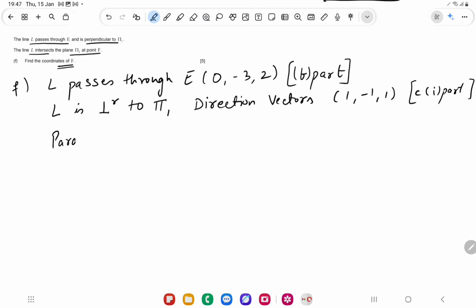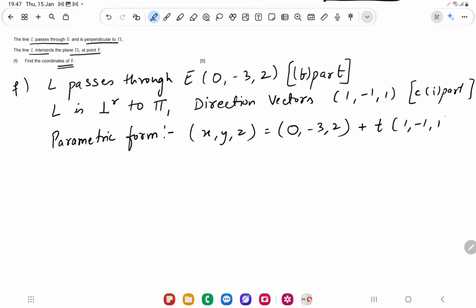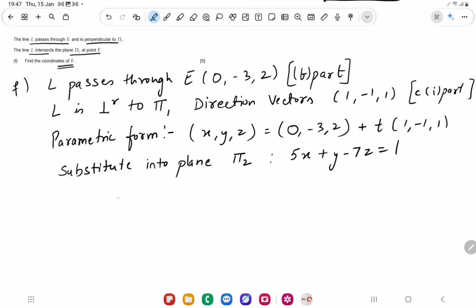Now I have to write the parametric form. You can check the parametric form in your formula booklet also, and I will write it here. So x, y, z is equal to 0, minus 3, 2, plus t, where t is the variable, times 1, minus 1, 1. Now I will substitute this value into my plane pi 2, which is nothing but 5x plus y minus 7z is equal to 1.